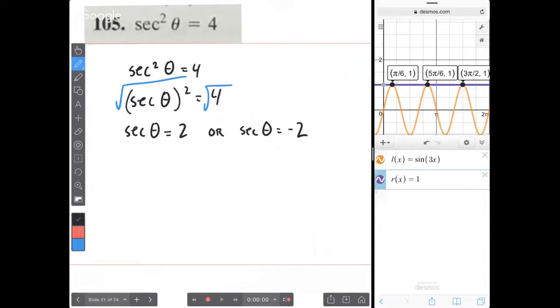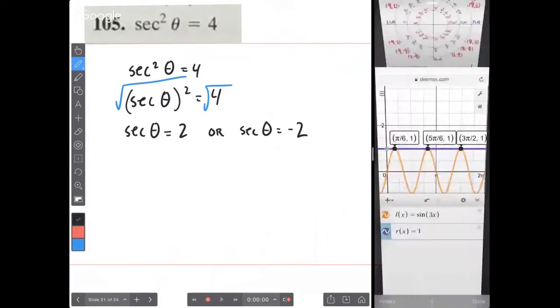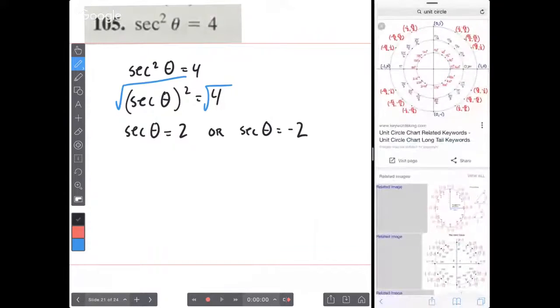Okay, looking at my unit circle, let's say, rewrite it as cosine theta equals 1/2, or cosine theta equals -1/2.